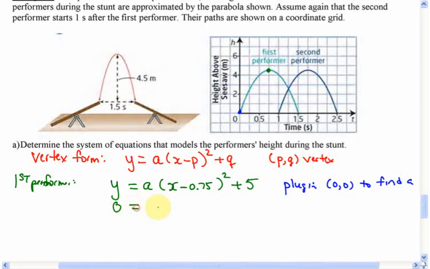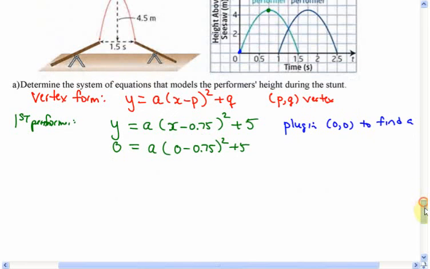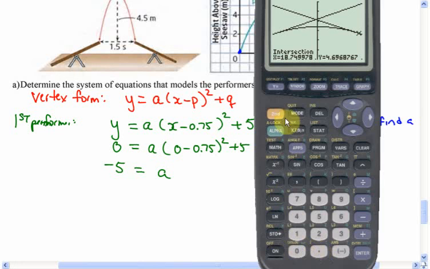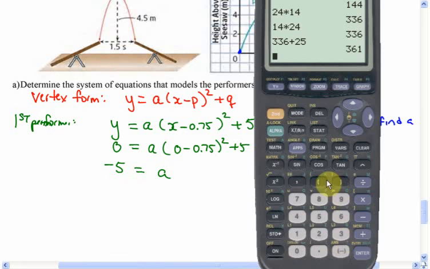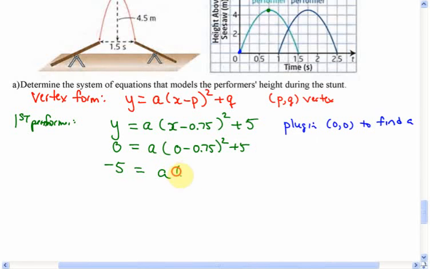0 equals a(0 minus 0.75) all squared plus 5. Numbers don't look too nice. Nonetheless, gotta do it. What's 0.75 squared? So negative 0.75, close the bracket, all squared, 0.5625.